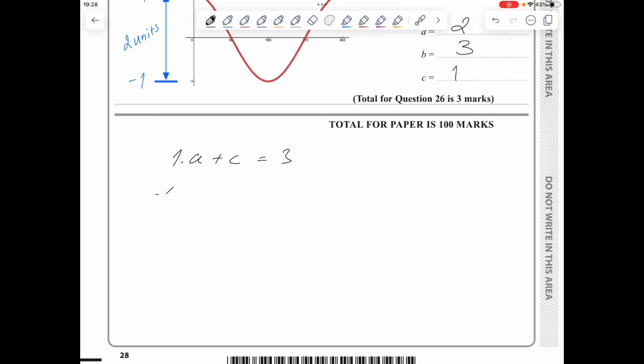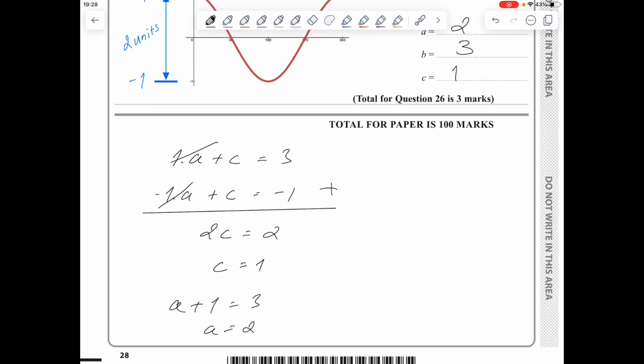The minimum is minus 1 multiplied by A and add C, it's going to stay minus 1, and solve those two simultaneously. So if I add those two equations, this will cancel out. 2C is equal to 2, so C is equal to 1. Substitute into the first equation, so A plus C equals 3. A comes out to be 2.